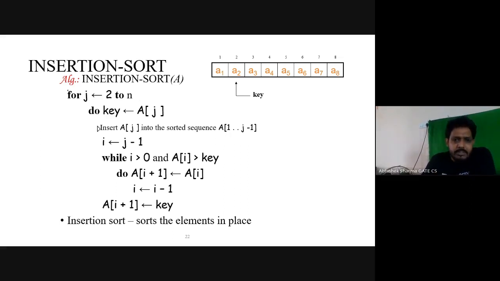This is an algorithm. This is not a C program, but if you want, you can translate it to a C program. You can use loops, assignments, inserting the element, and this while loop and everything you can write over here.